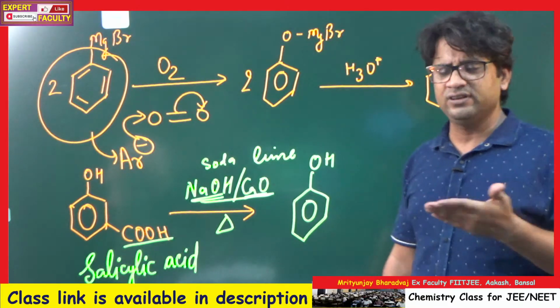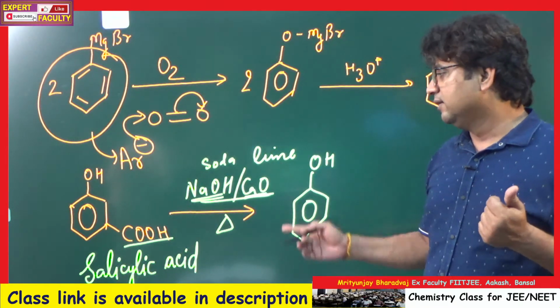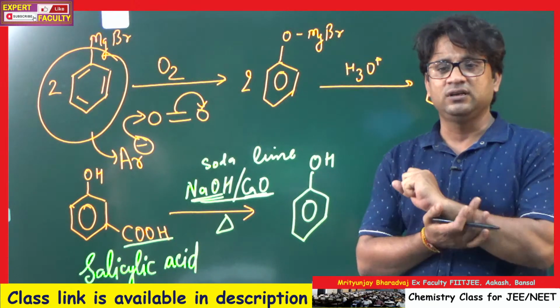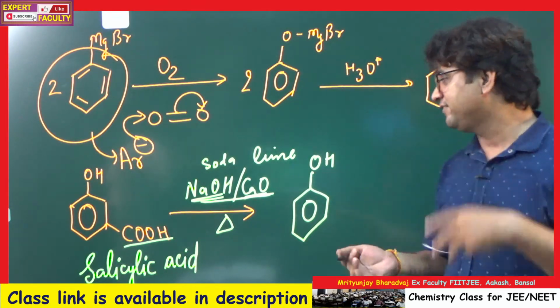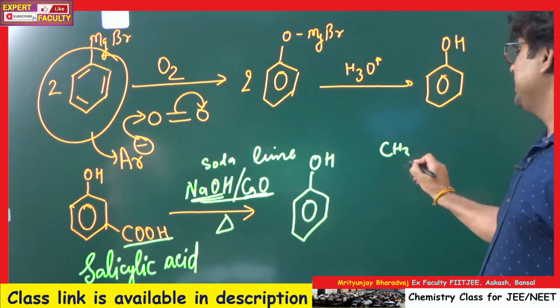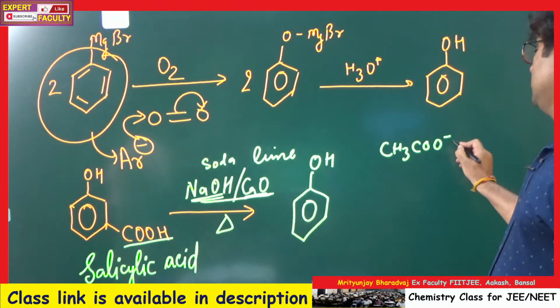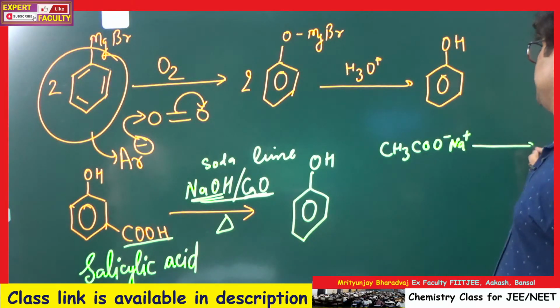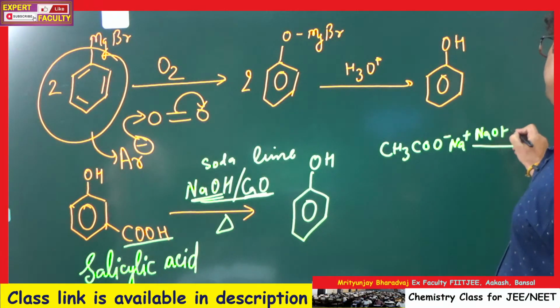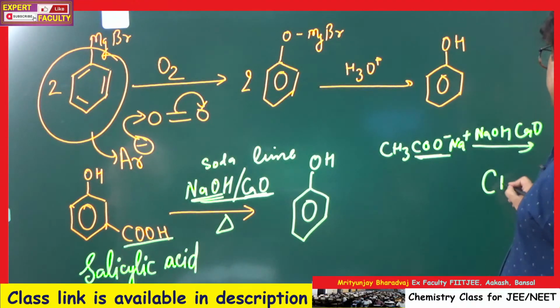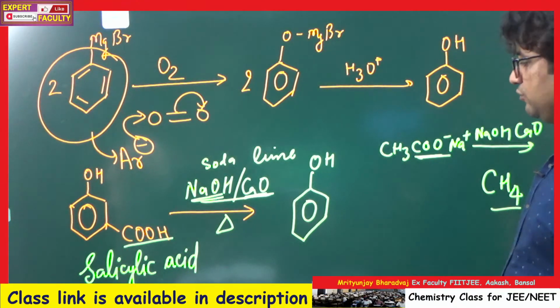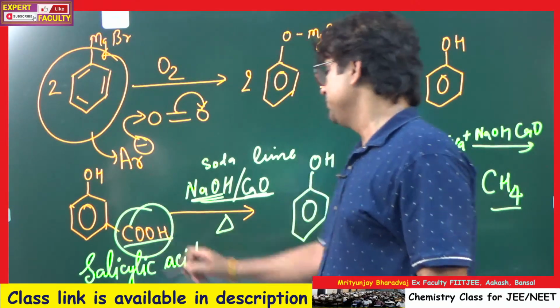In the CBSE it is in class 10th, and the statement which was very common in their exam is sodium acetate, which means there is an acetate ion with sodium, heated with soda lime, NaOH, CaO. The carboxyl group will be released and methane will be formed. So simply this carboxyl group will be released.